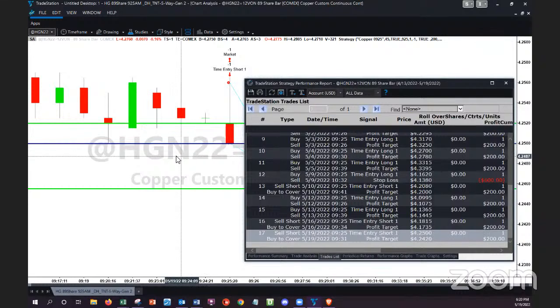The strategy performance report always shows it going from the close of the candle, whichever candle it chooses. But here again with share bars, we can see where the price was at 958, and it placed the order there, and it came in and filled.